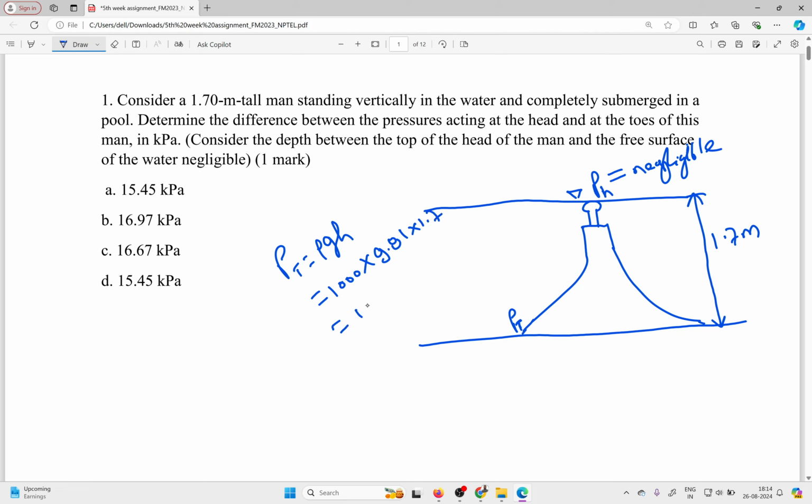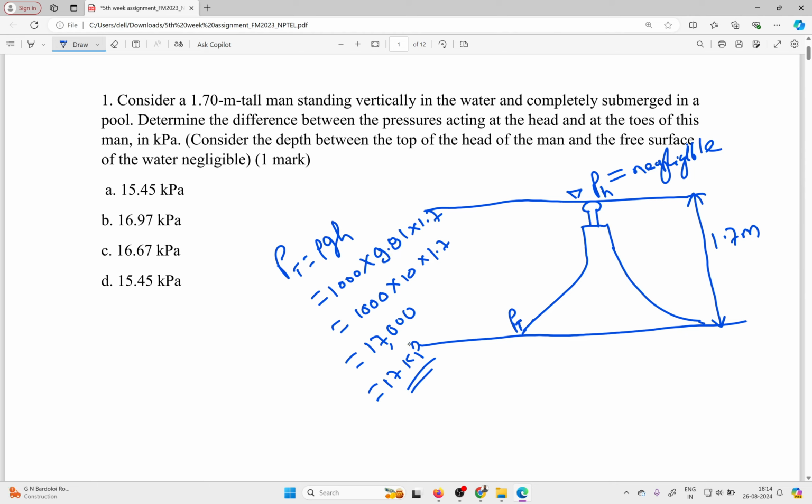For easy calculation, if I put 9.81 as 10, into 1.7, it will come around 17,000. So in kilopascal you can write 17 kilopascal. So here you have converted 9.81 into 10.